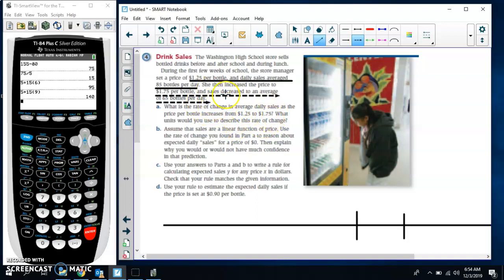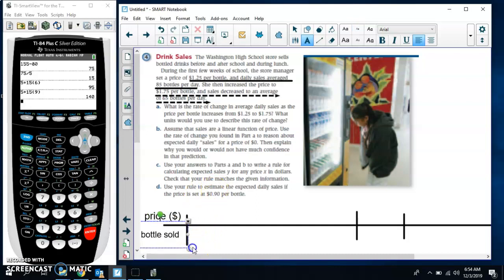Now, we're used to seeing rate of change in a table. So I'm going to set up a little table. The independent variable is going to be the price, in dollars, and then this is going to be how many bottles sold on that day.